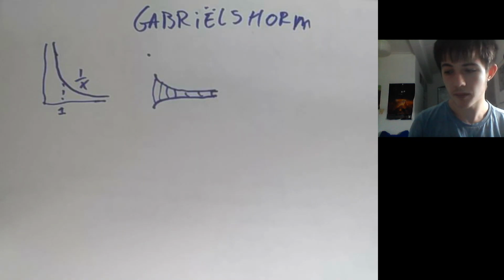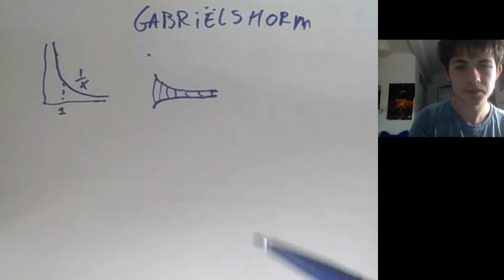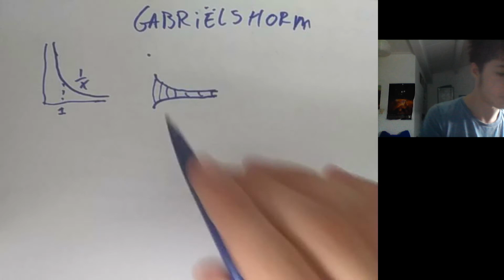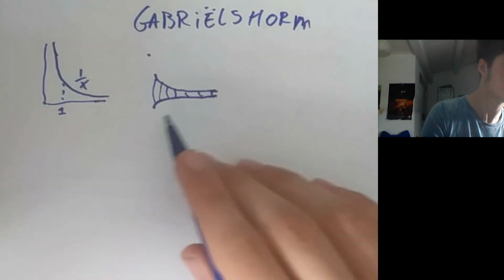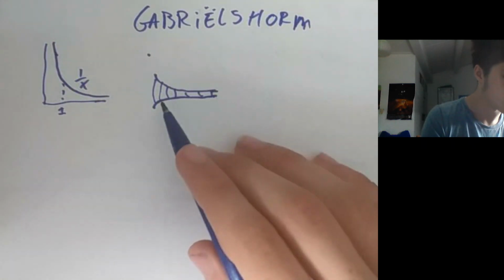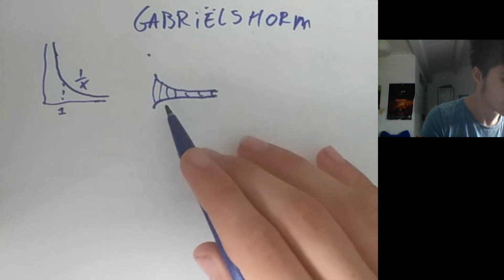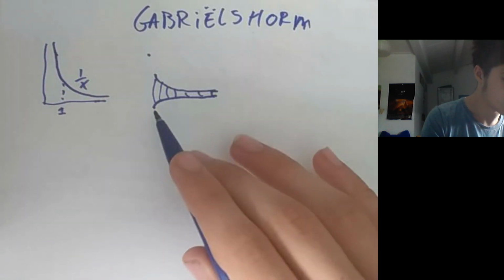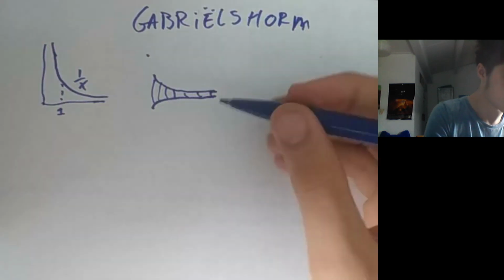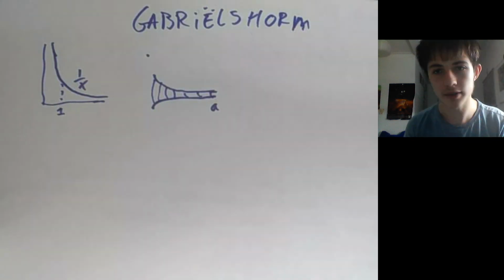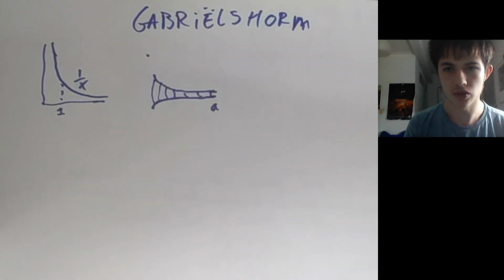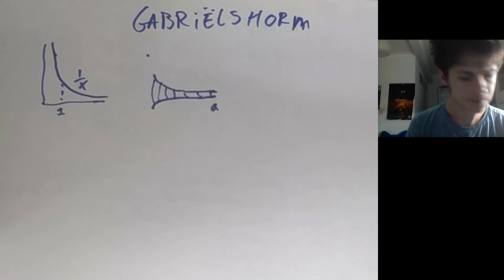So let's first find the volume of this horn. By doing that, we're going to calculate the volume from 1 up to some number a, and then afterwards we're letting a run towards infinity.